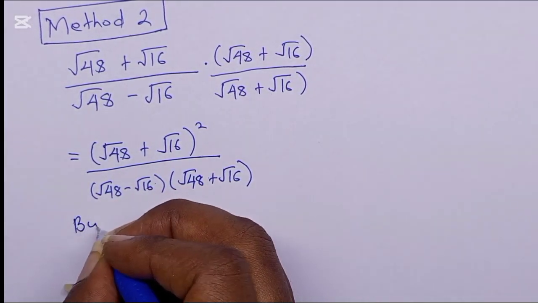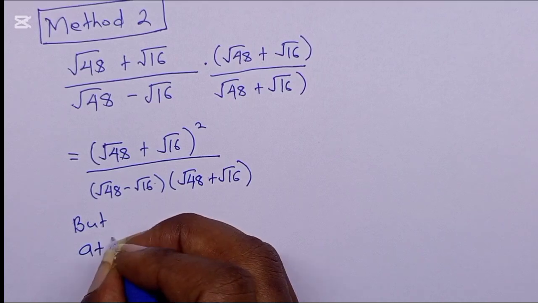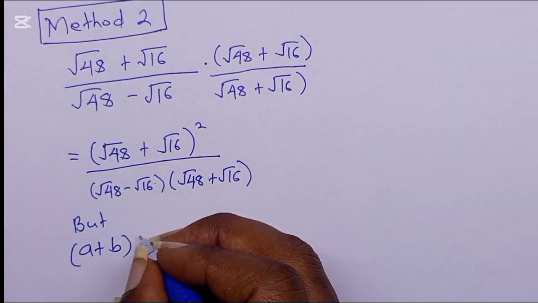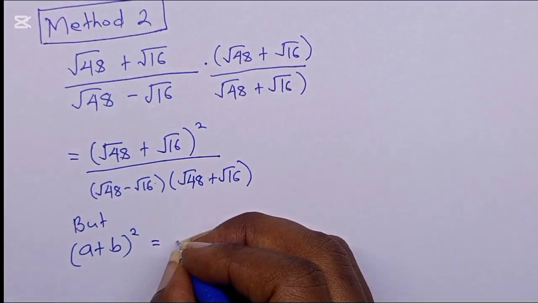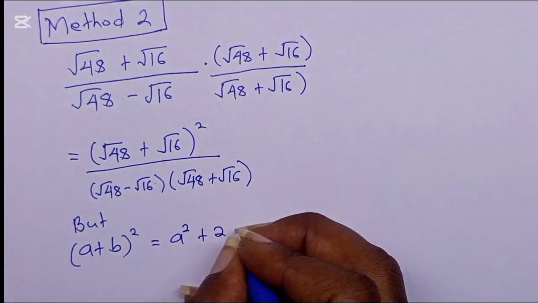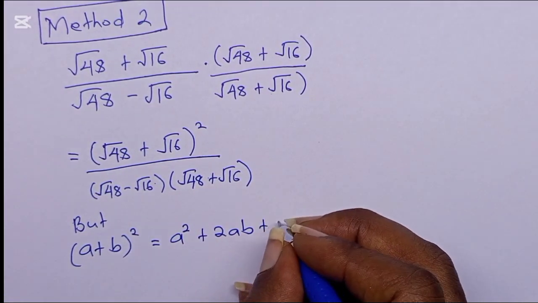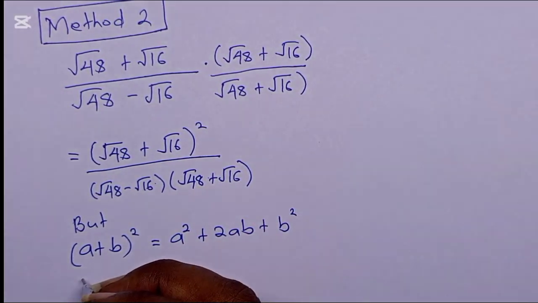But we know that a plus b squared is equal to a squared plus 2ab plus b squared.